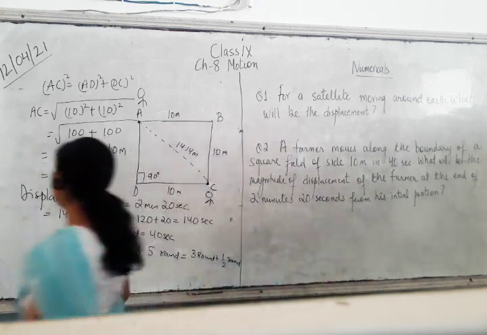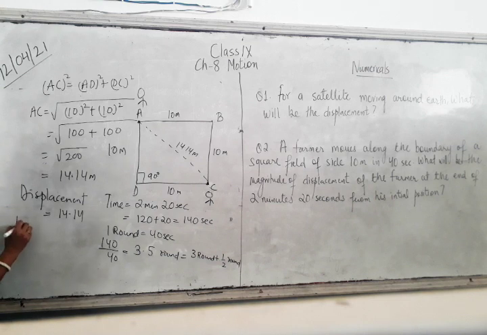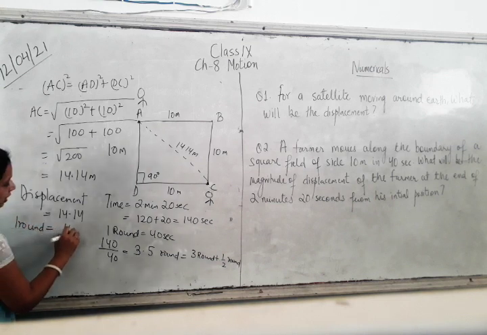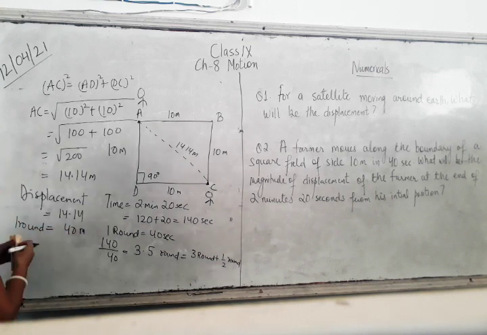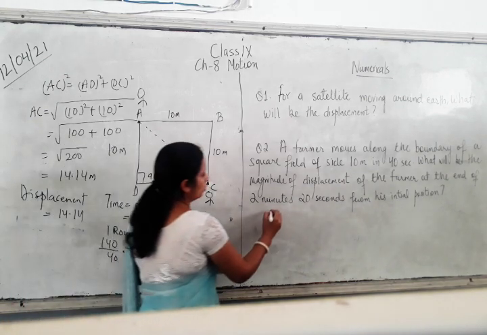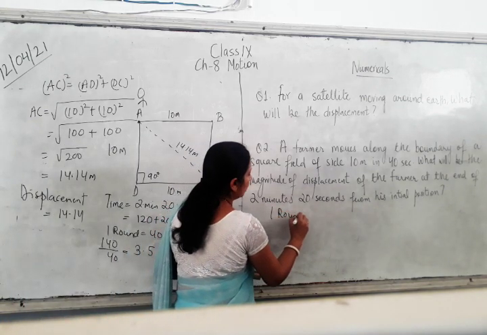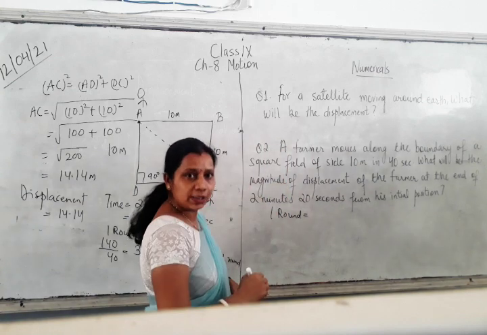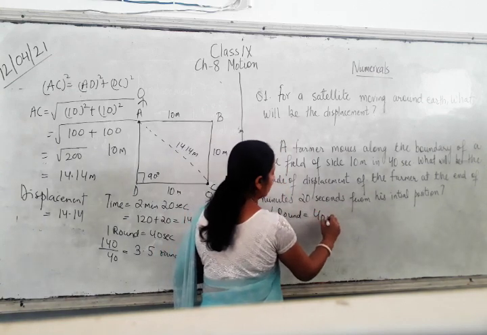So I can write here for finding distance: in one round, he is covering the perimeter of this square, that is 40 meters.